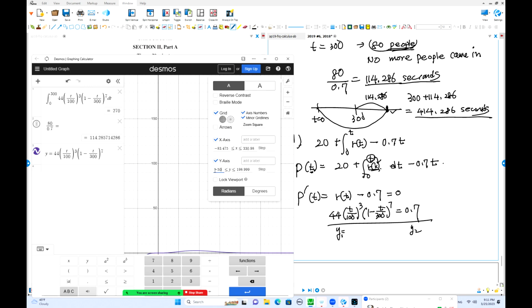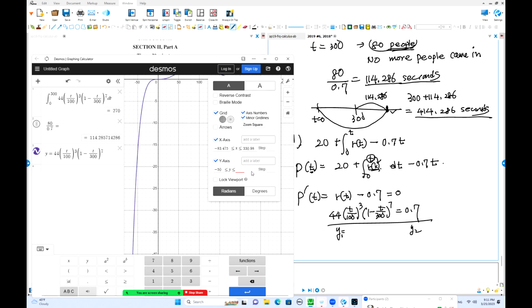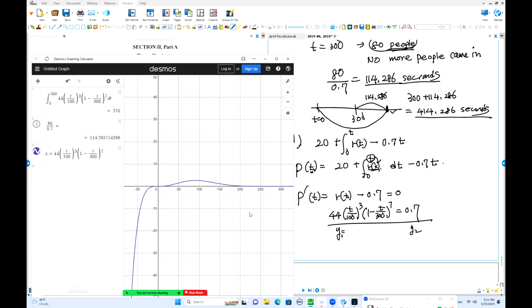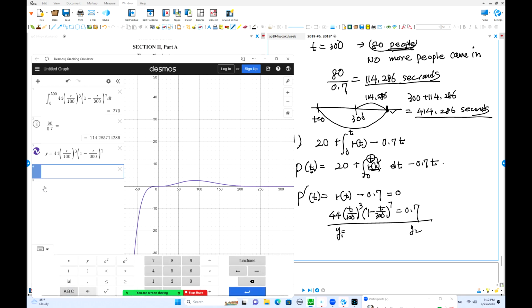Negative 50, positive 50, that is better. But still, this is okay. After that, we're going to make another y equals 0.7, right?